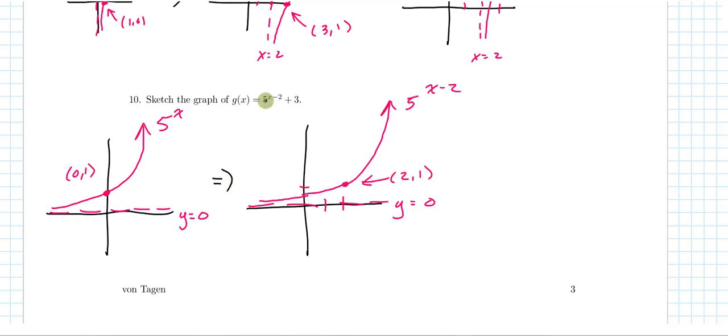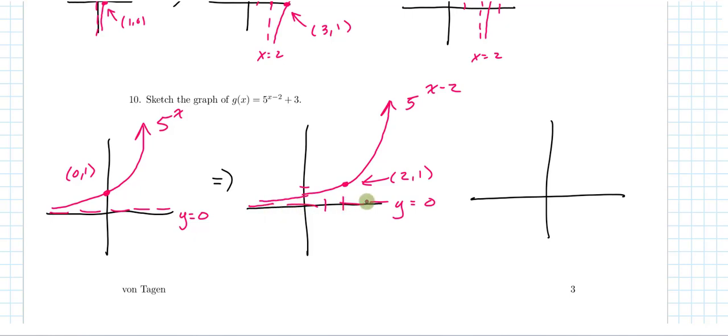So how do I graph transformations of log functions or exponential functions? I have to know this basic exponential shape, and then I can proceed. The last transformation we need to take into account is this plus 3, but that's just going to have the effect of shifting this point right here up 3 units. It's going to add 3 to all of the output values of the function. So all the y values get shifted up 3 units.